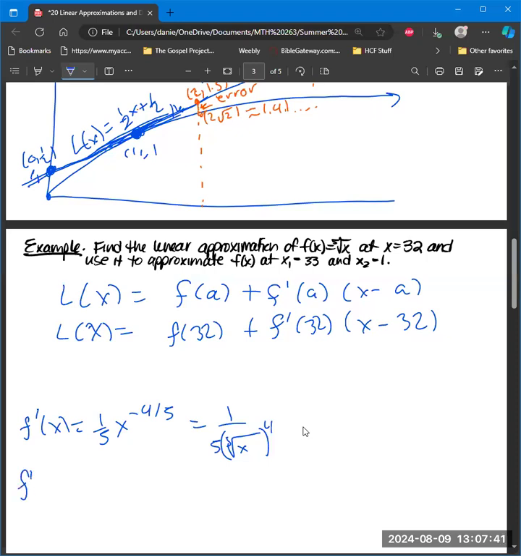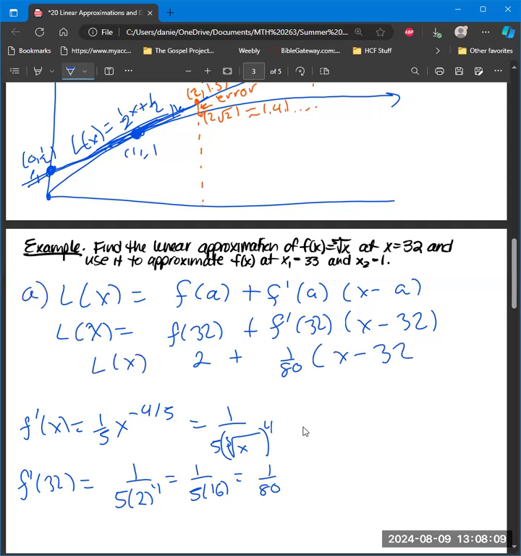So f prime of 32 is 1/5 times 2 to the 4th, 1/5 times 16, which is 1/80. Perfect. So L of x is 2 plus 1/80 times x minus 32.